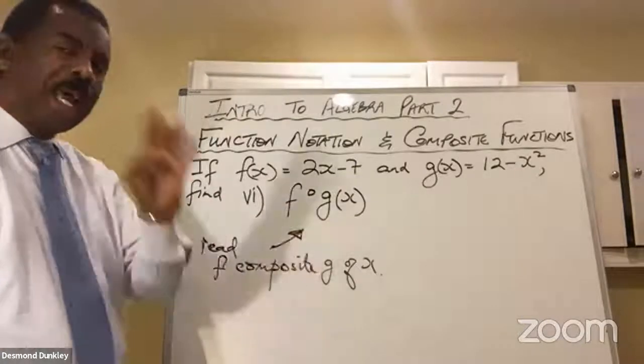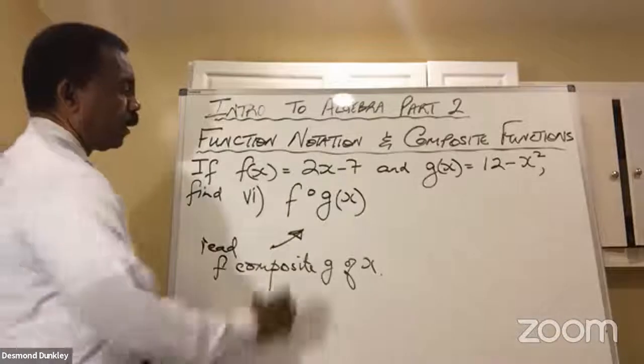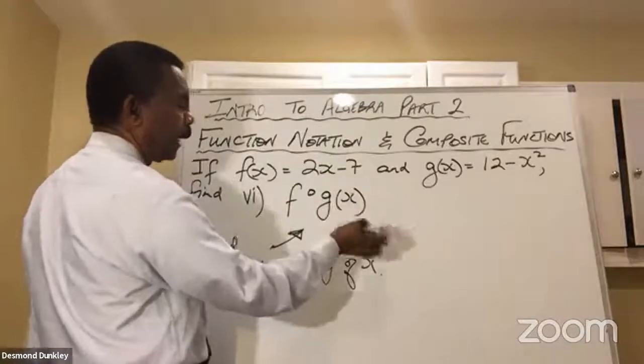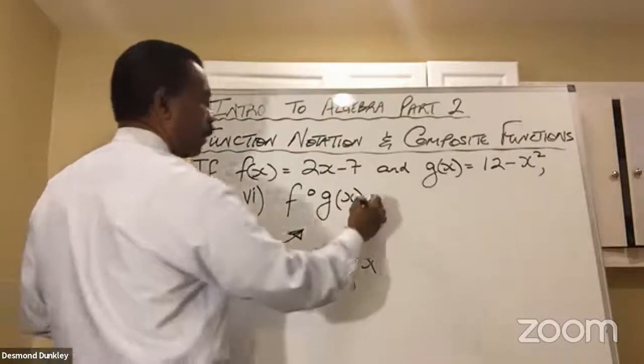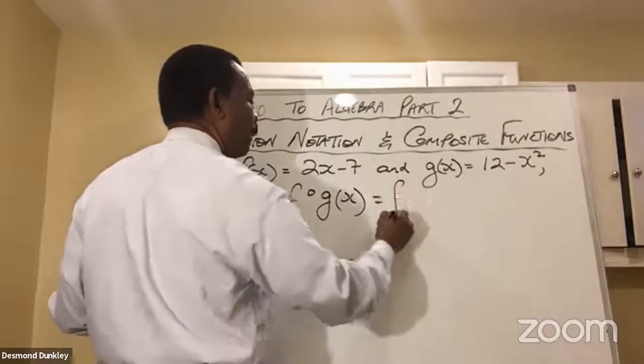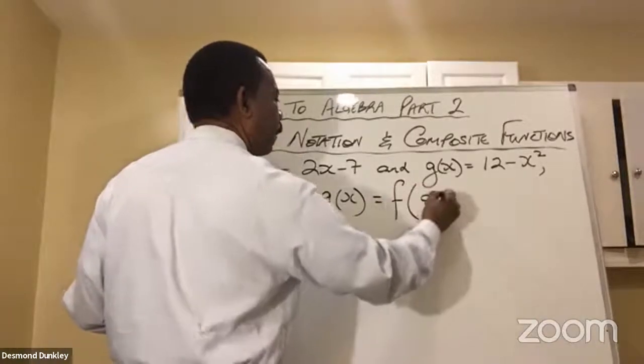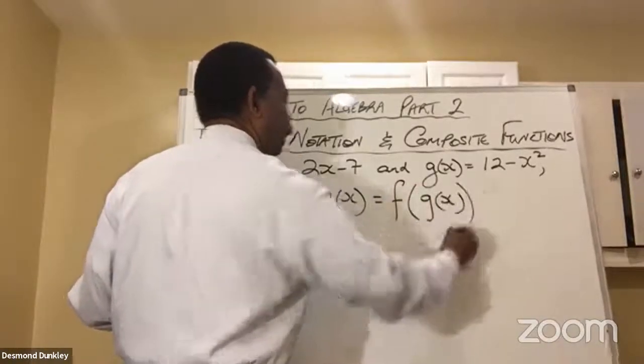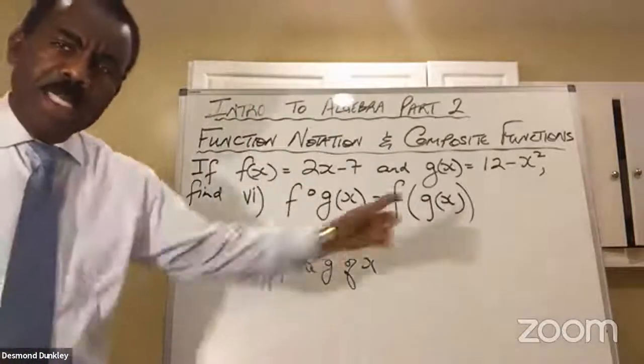And all it means is you find g of x, and whatever you get, you find f of that result. So it's actually the same as f of g of x. It's the same thing as that.